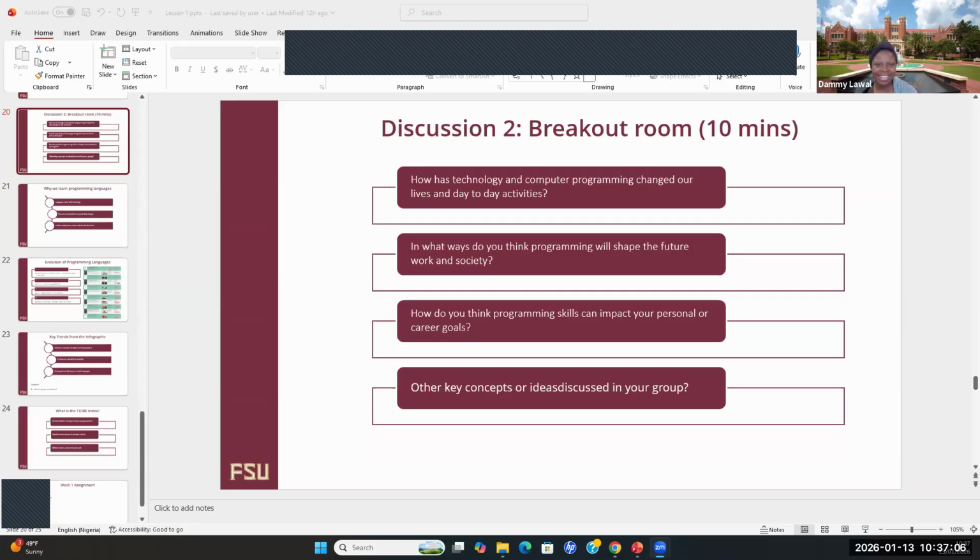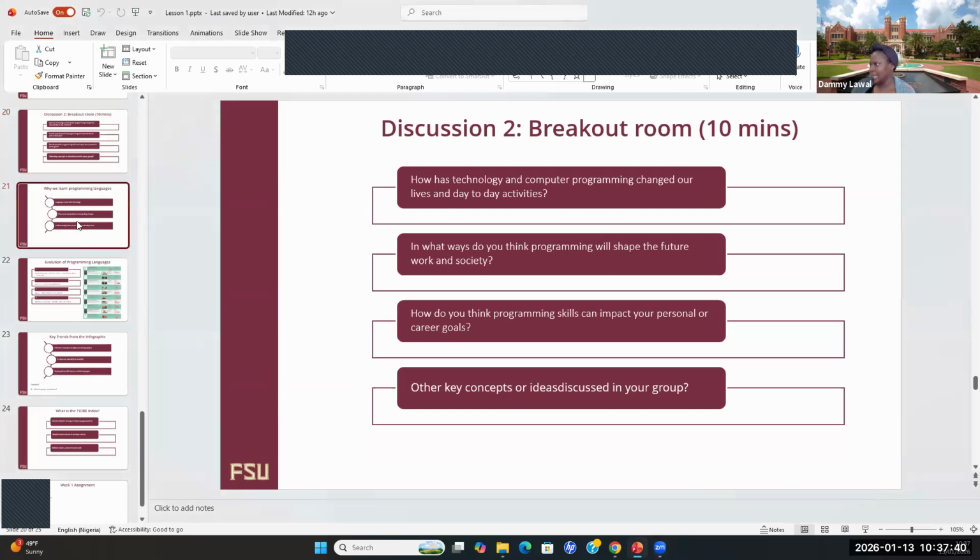Before now, we went to the classroom, we had pen and paper, and now we're on Zoom. And that is not changing the quality of the education. So, like I said, technology has really changed and is influencing everything in our day-to-day activities as we go on.